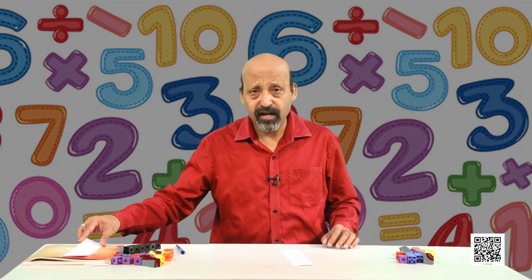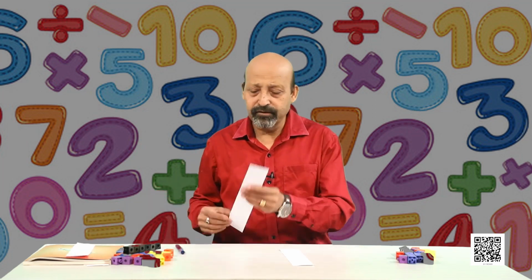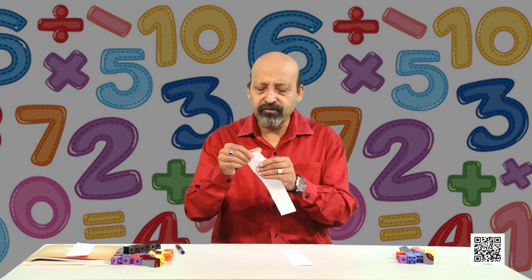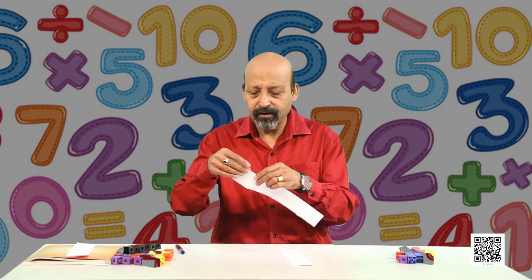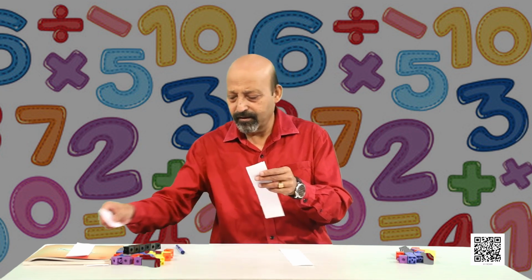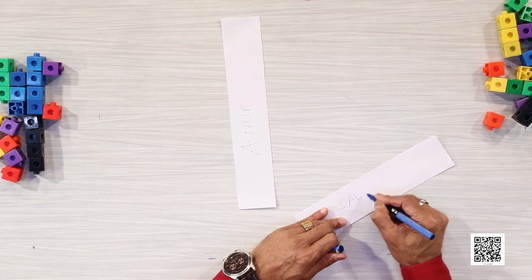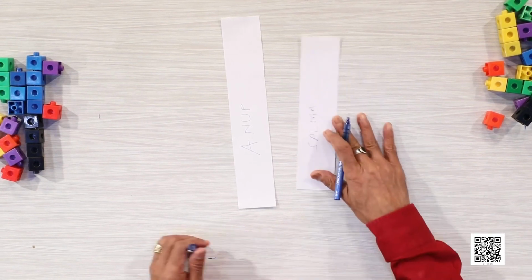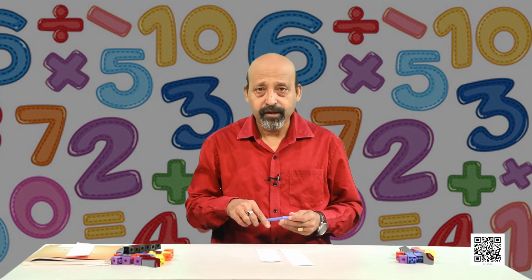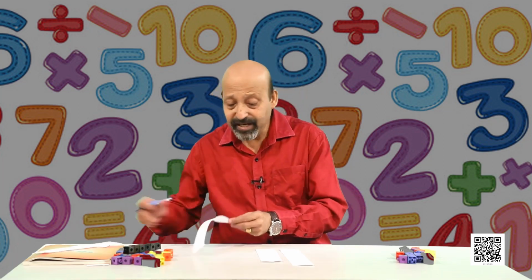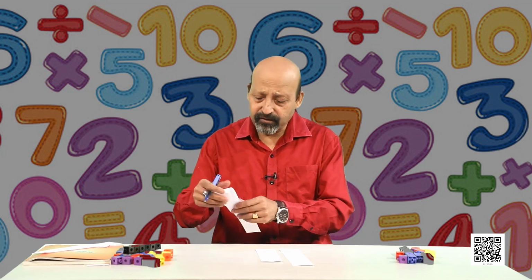Well, other children also measured the length of their arm by using this strip. And see, for Salma, the length of arm is this. For Meena, the length of arm is this.